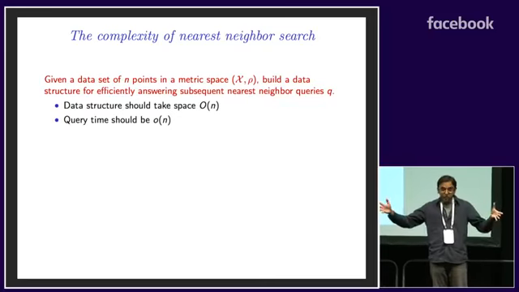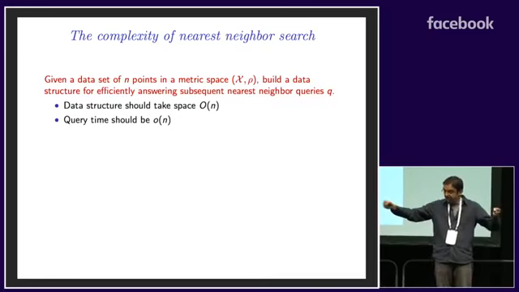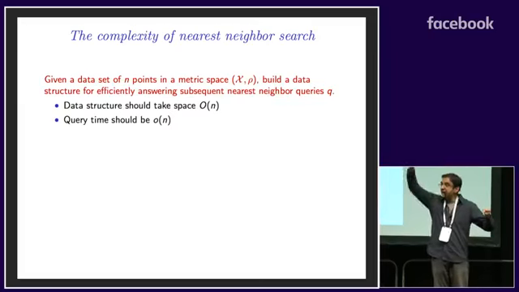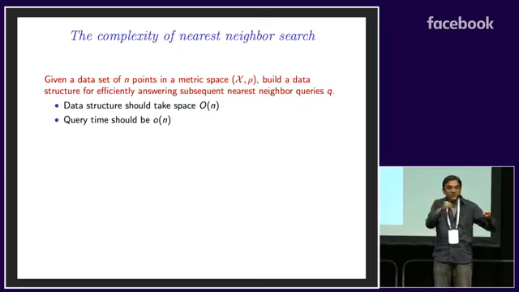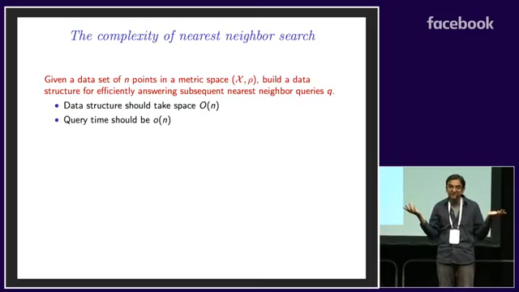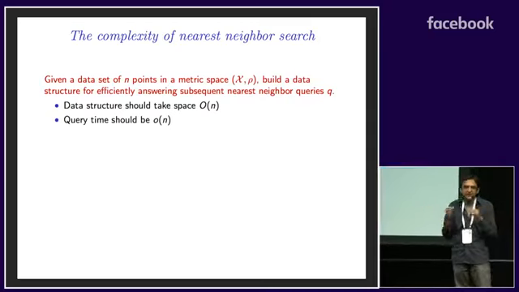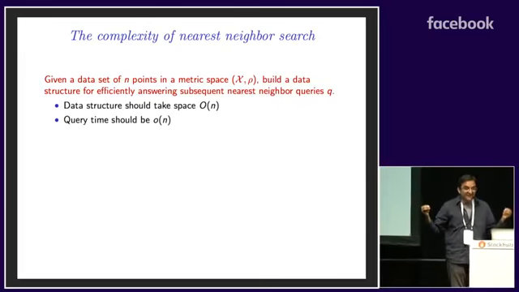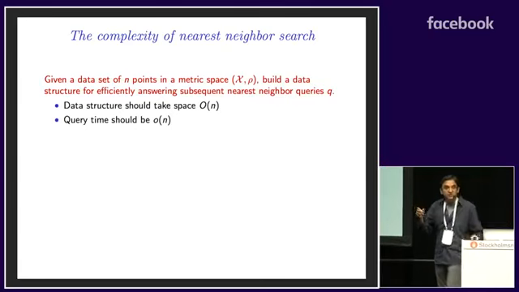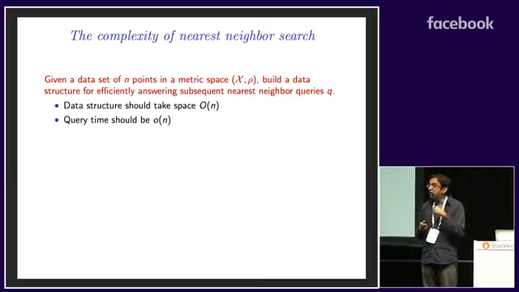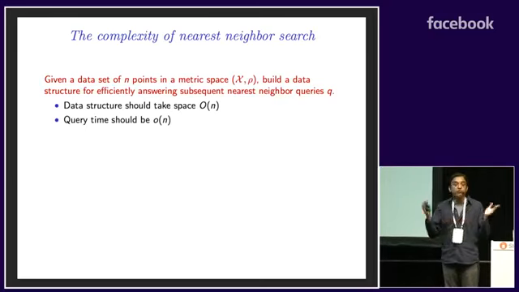Well, if you have n points on the line, just sort them. So your data structure is just the sorted list of points. And now when you get a query point, you do binary search, and you find the nearest neighbor. So if the points lie on the line, you can get a data structure size of O of n and a query time of log n trivially.